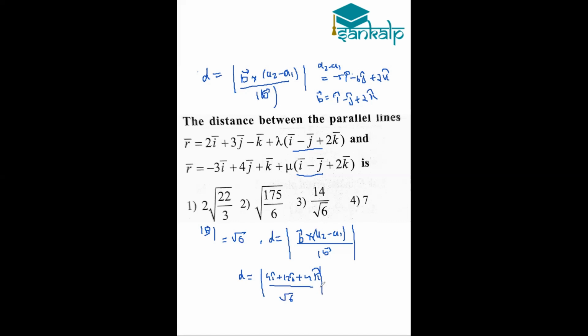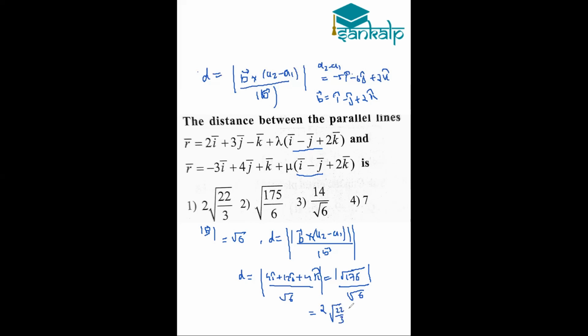So on simplifying this further, we need to calculate the mod of the numerator. The modulus value of the numerator will be equal to root 176, when you take the squares of this, divided by 6.